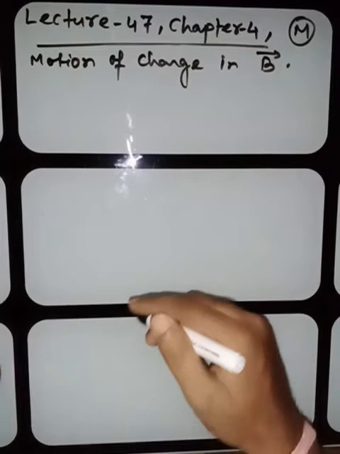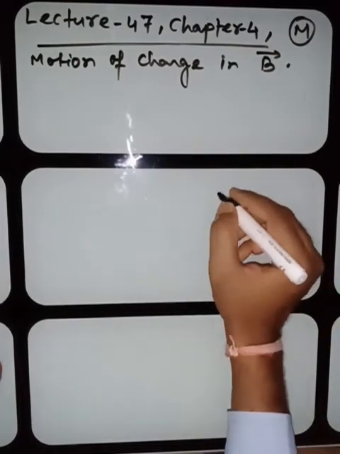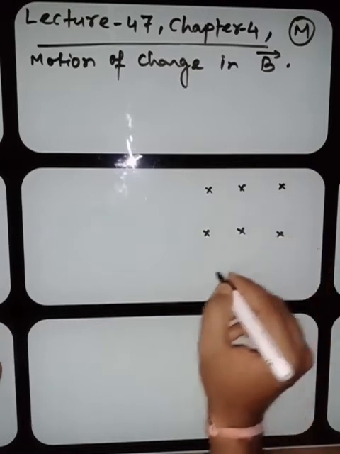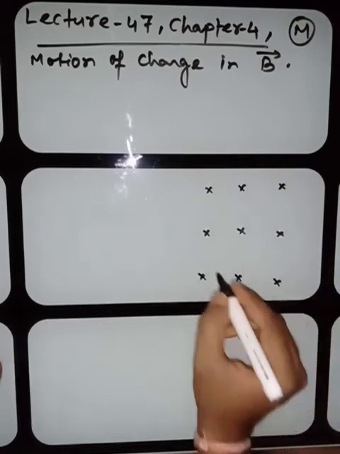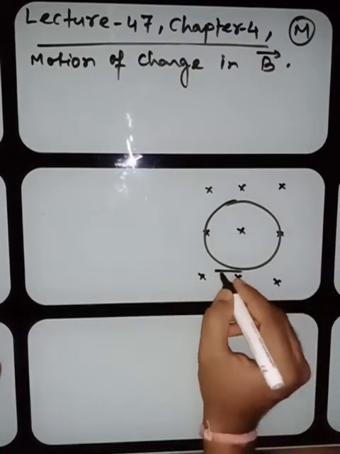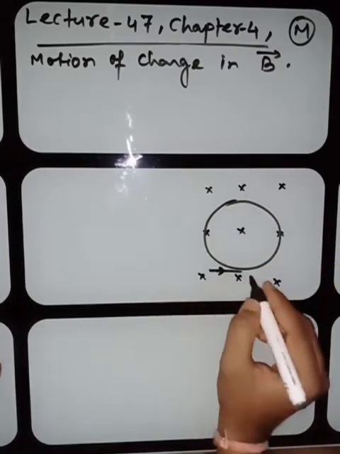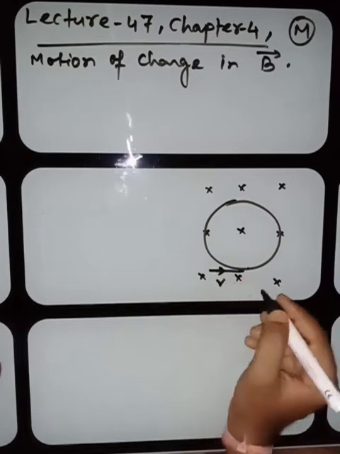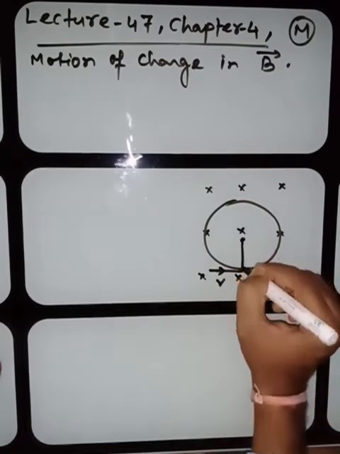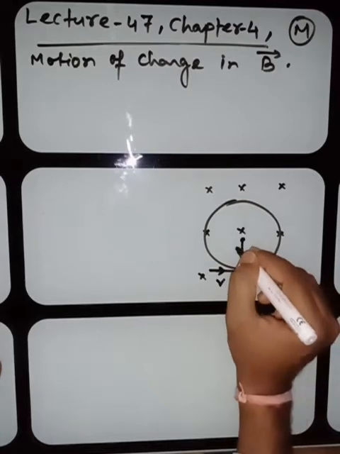Okay, so here suppose a charged particle is projected and it circulates inside. Here it was projected with velocity v. What will happen if this is the center and the radius is r?